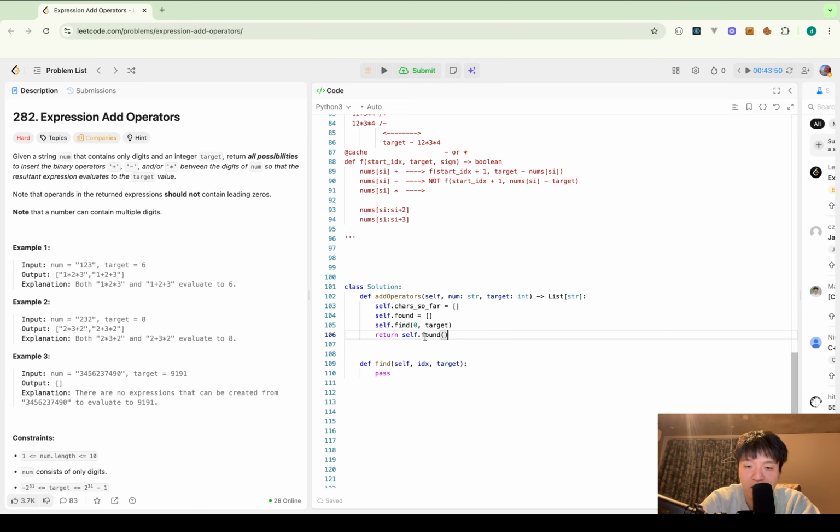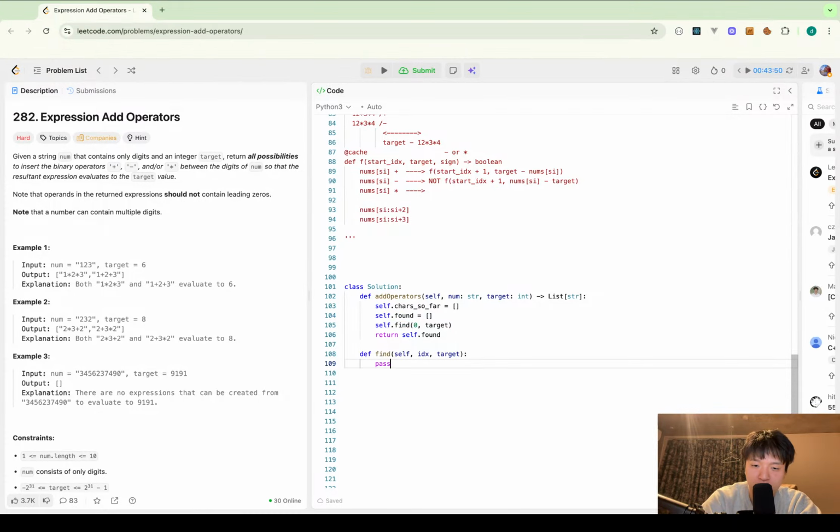So my task in this method find is to find the target number, and if I could create it, I put it into the bound list.